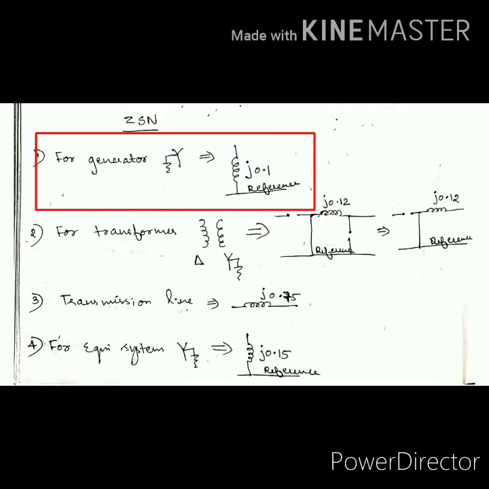So for a generator with star whose neutral is solidly grounded, you can see the equivalent diagram, that is reactance J0.1. And remember here the reference connection is also very important. So it's directly connected to a reference.